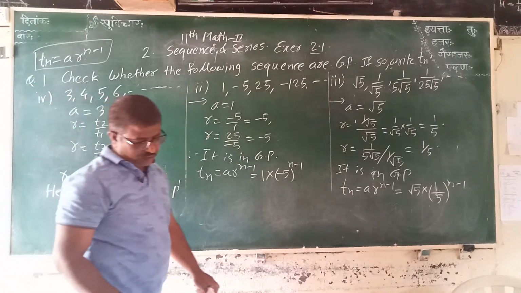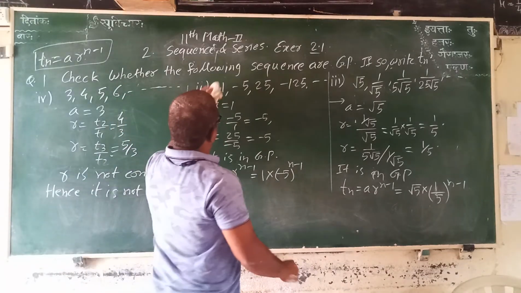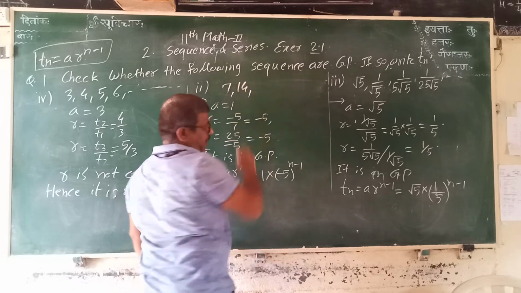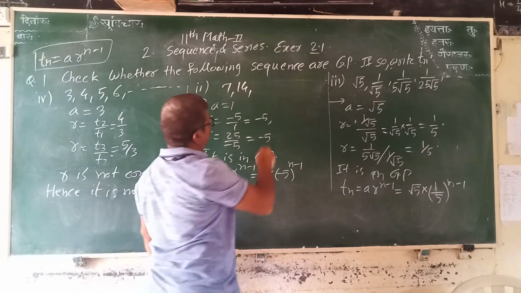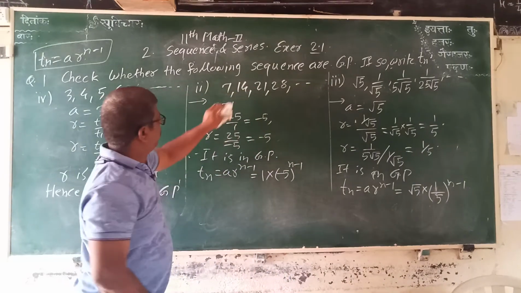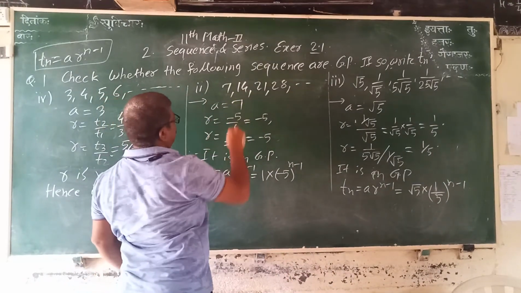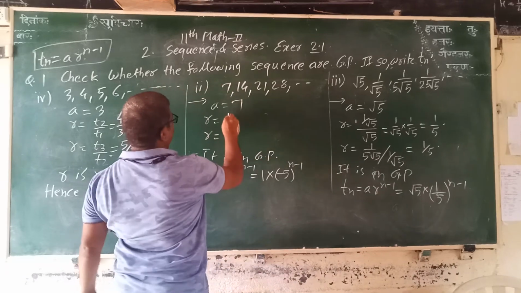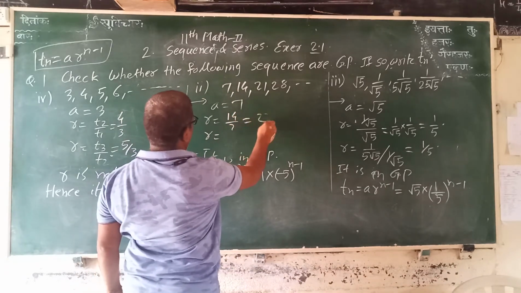And we take the next question, the last question: 7, 14, 21, 28, and so on. Here a is equal to 7 and r is equal to 14 upon 7, that is 2.